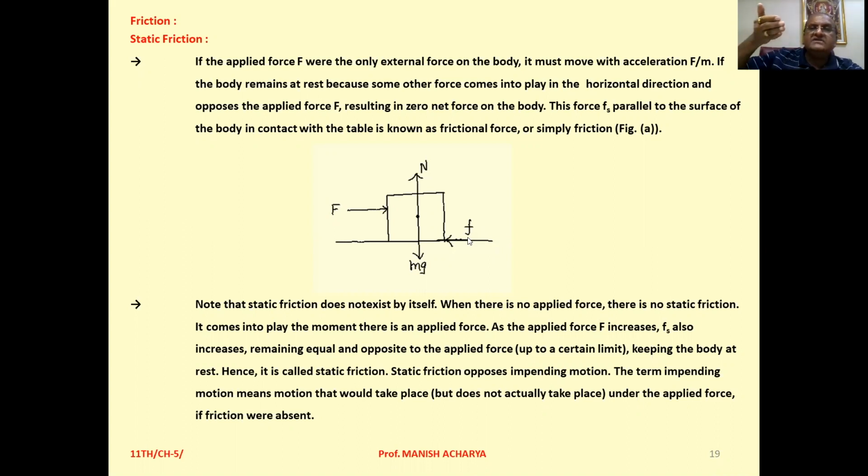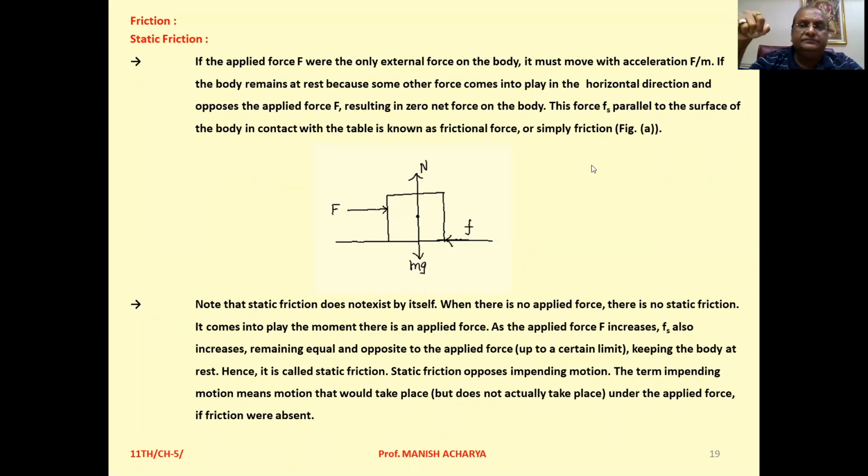As you increase the external force, it automatically increases, but up to a certain maximum value. After that, if the external force is increased, the body will start to move. Clear? That limiting friction up to which the body remains stationary, after which it starts motion, is called maximum static friction. Clear?